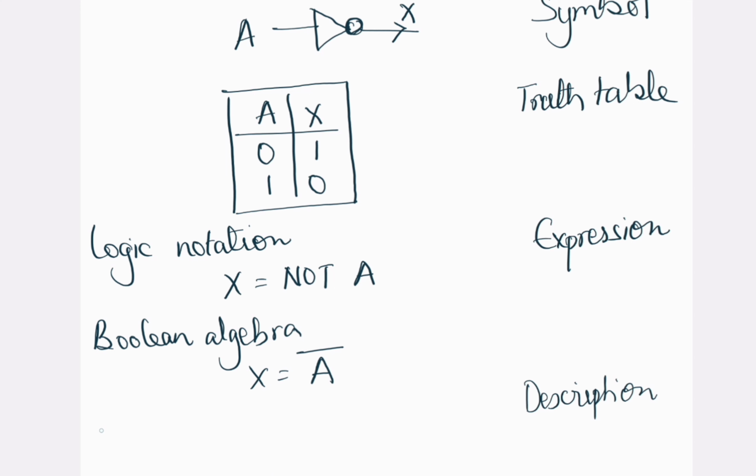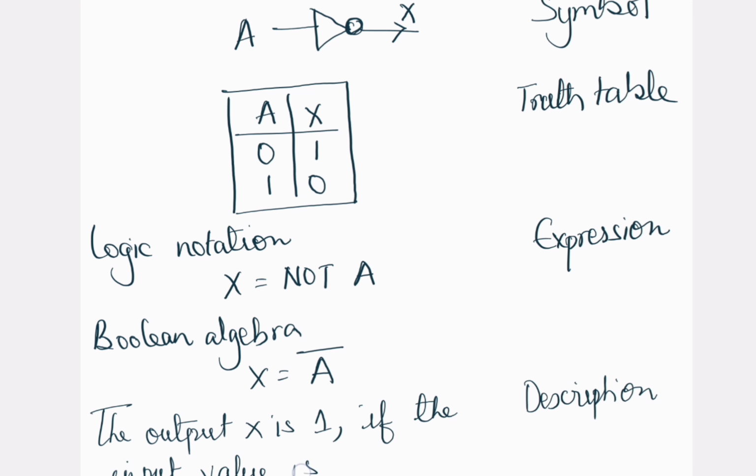So it simply means the output X is 1 if the input value is 0. For your own understanding, you could remember that it's going to be the opposite of whatever the input value is. We'll look into the NOT gate in combination with other gates, so let's wait until then.